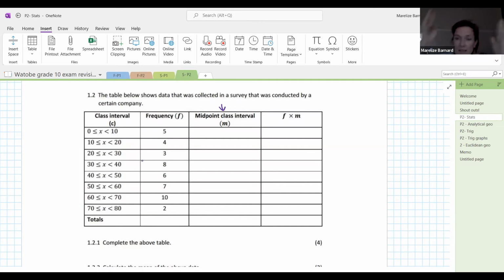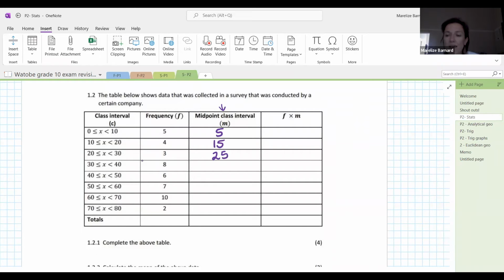So we actually take the boundaries. In this case, the first one, 0 and 10, divided by 2. So 0 plus 10 divided by 2 is 5. And then 10 plus 20 is 30, divided by 2 is 15. And then 20 plus 30 divided by 2 is going to give me 25. And so on.